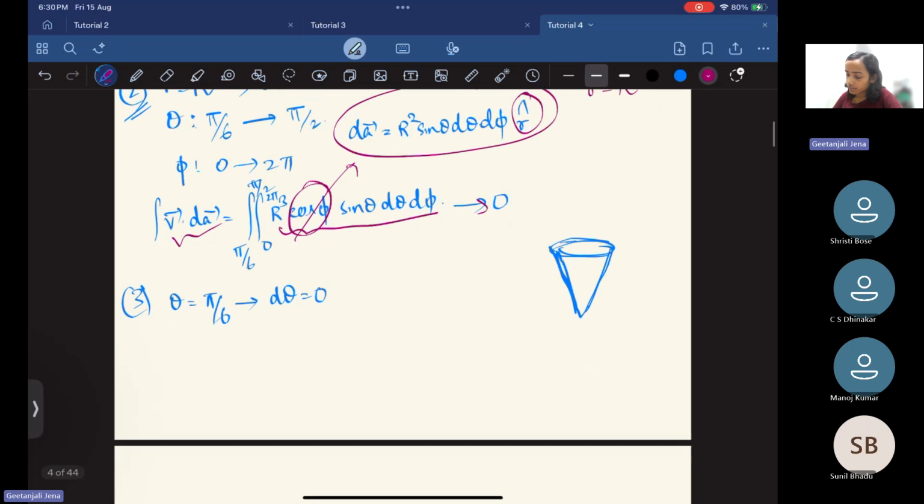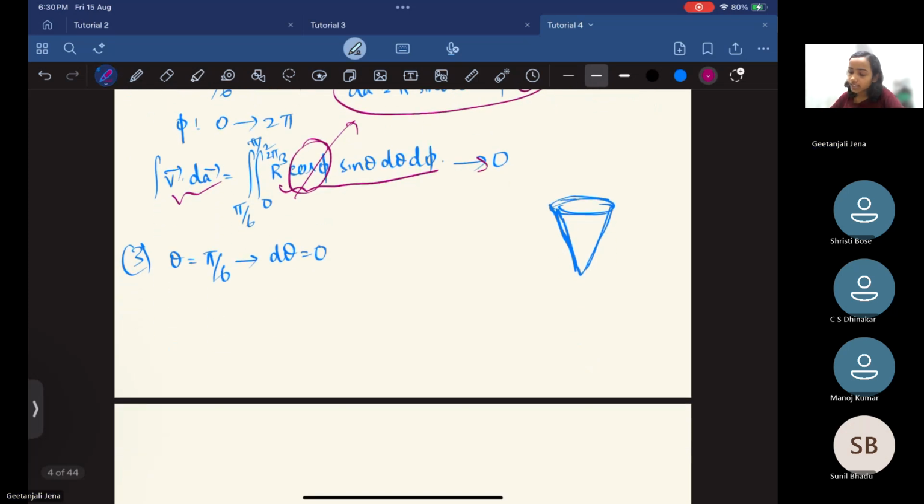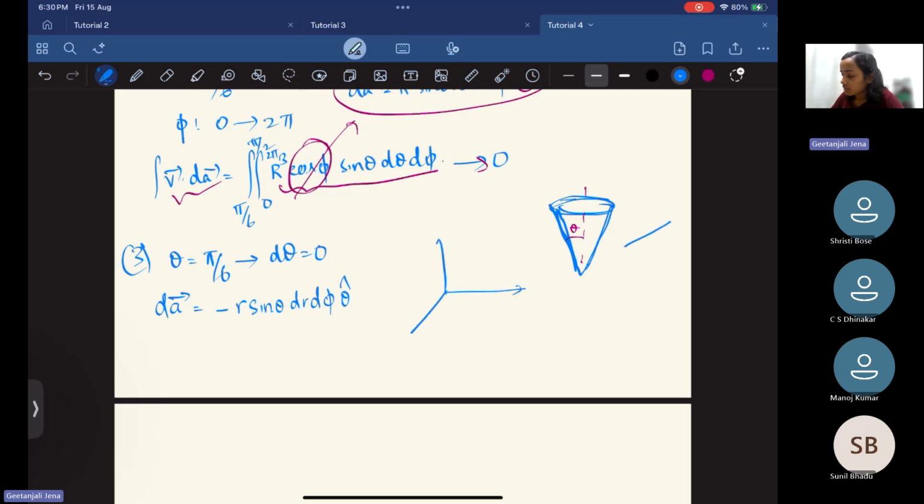And for the third surface, theta is pi by 6. Theta is constant, theta is not varying. So that means the area element will be in the theta cap direction. So dA will be minus r sin theta dr d phi theta cap. I am taking minus theta because if you see the spherical coordinate system, theta is in the downward direction.